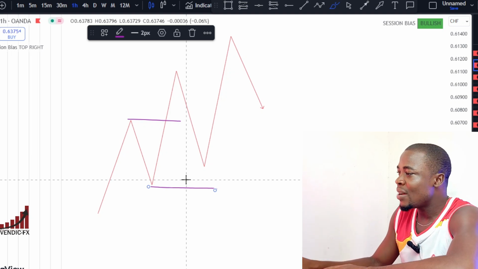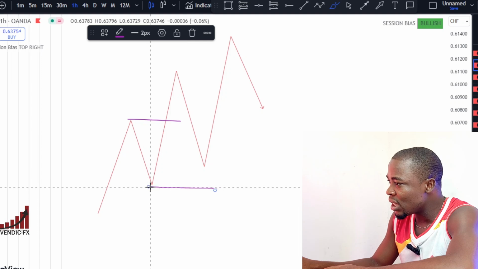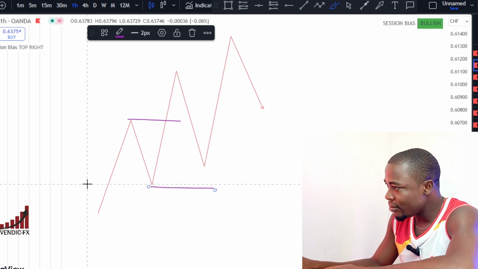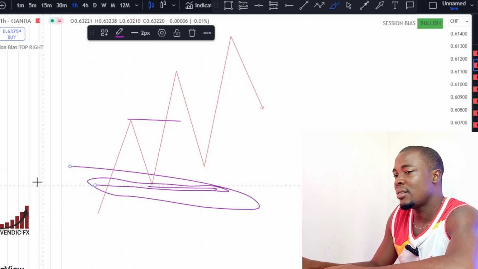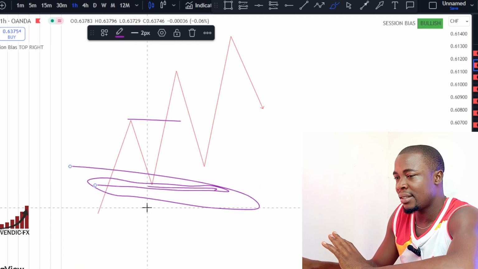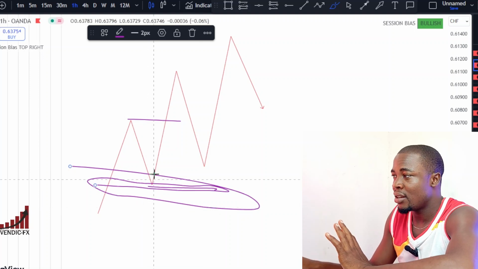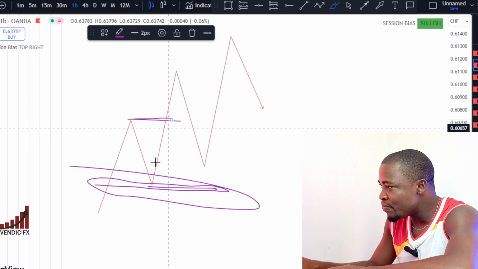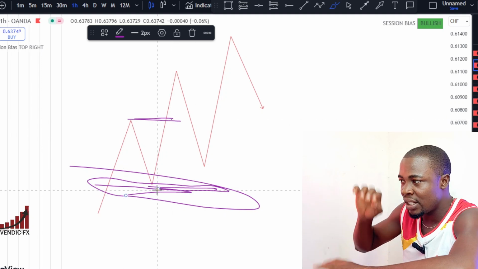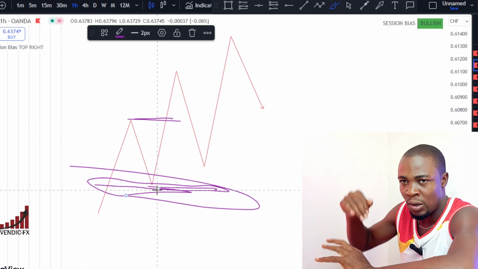So your stop loss should always be below the previous liquidity sweep. This is the concept. When you get into the chart here, your stop loss should always be below the previous liquidity sweep or the previous swing low.